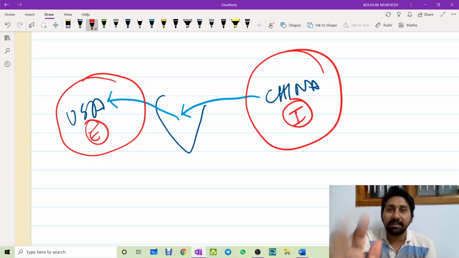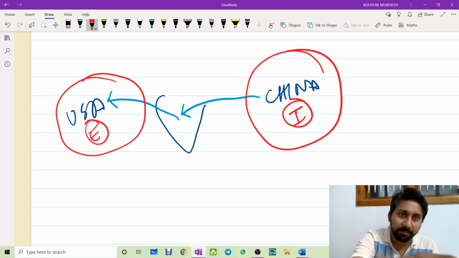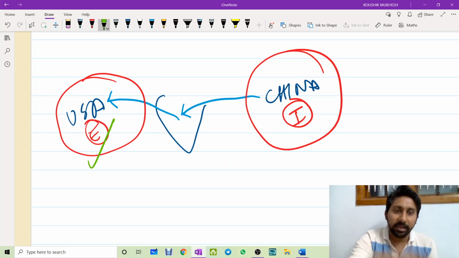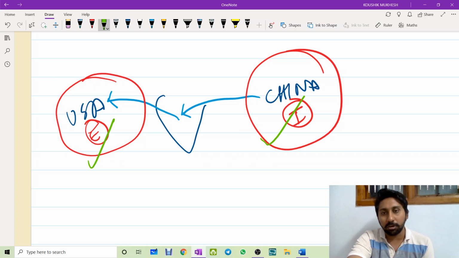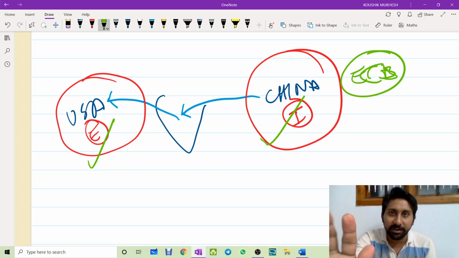Now, what is applicable for our syllabus? Is the USA transaction applicable or the China transaction applicable? That means, are exports applicable for the exam, or imports, or both? Both are applicable for the examinations. Exports are applicable, imports are also applicable. Imports and external commercial borrowings we will discuss in a different video, which will be covered as an amendments video.